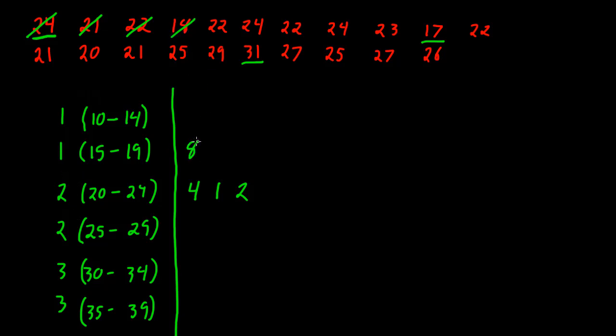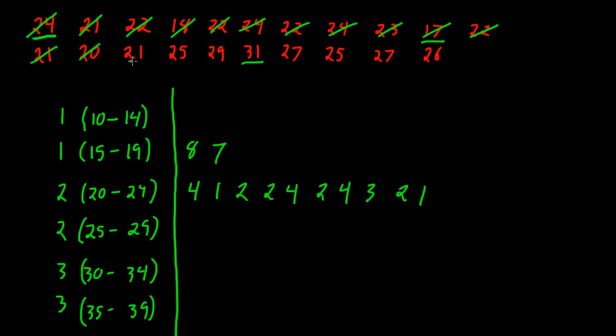We have an 8 for 18. 22 and 24, so we put a 2 and a 4. 22 and 24 again, so another 2 and another 4. 23, so we put a 3. 17, so we put a 7 in this 15 through 19 row, signifying 1 and 7 for 17. Then 22 and 21, so another 2 and a 1.